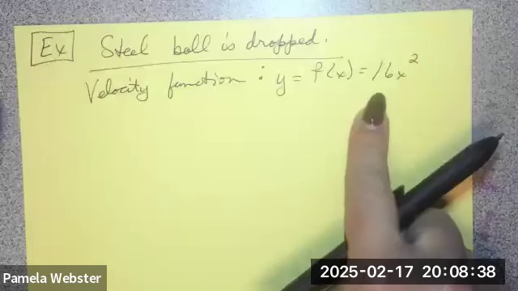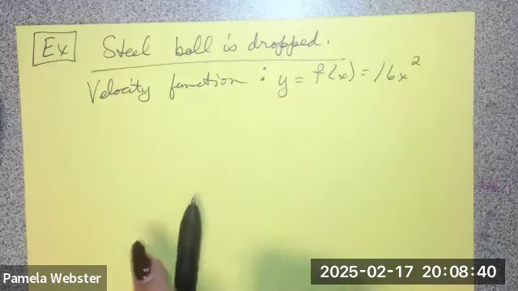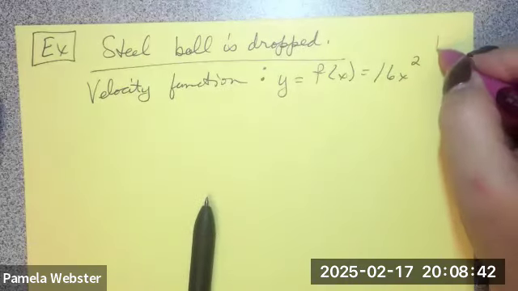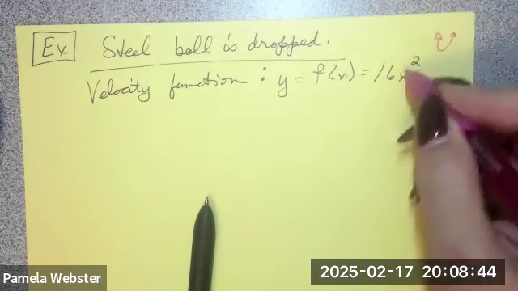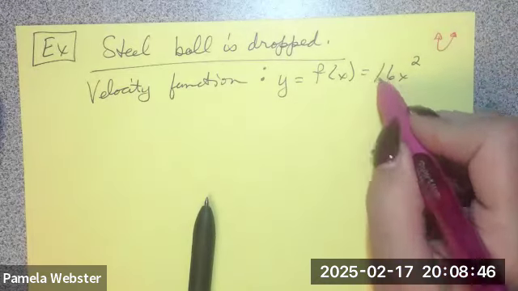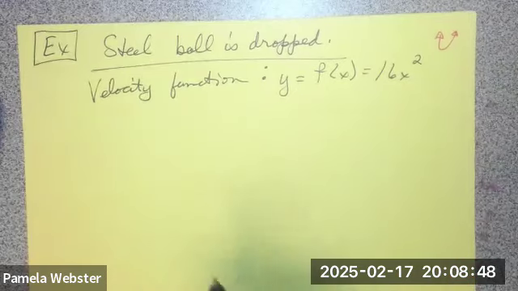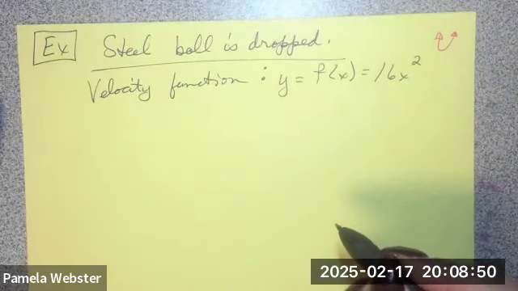Okay. Real quickly, what's that guy look like? Think to yourself. It's x squared. It's a parabola. It's facing upward because this guy's a positive 16. Absolutely. Okay, so that's what my velocity function looks like.